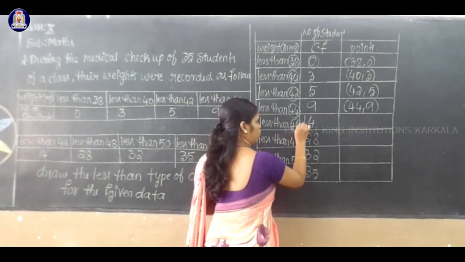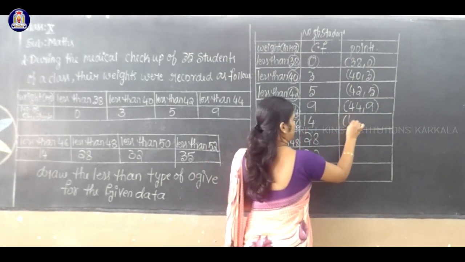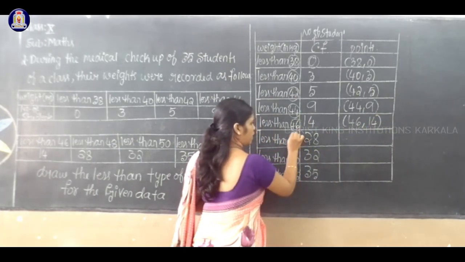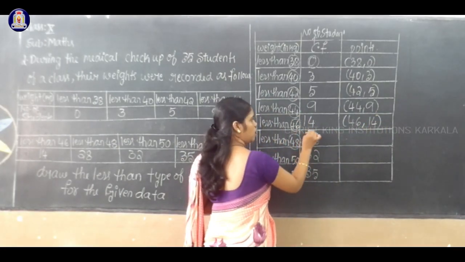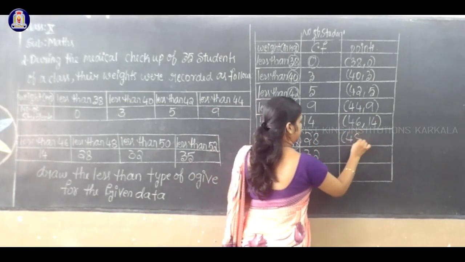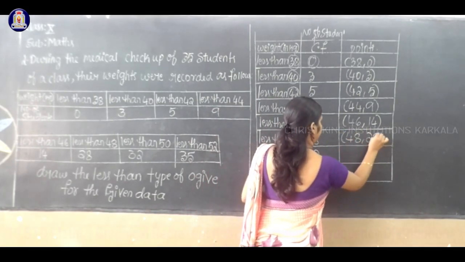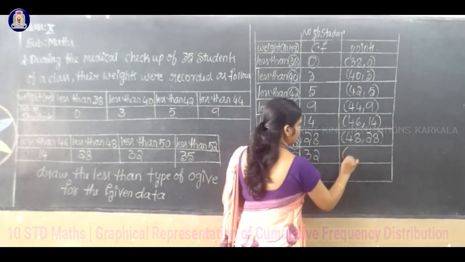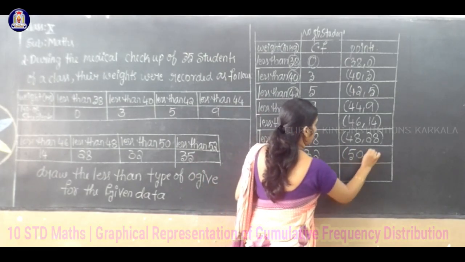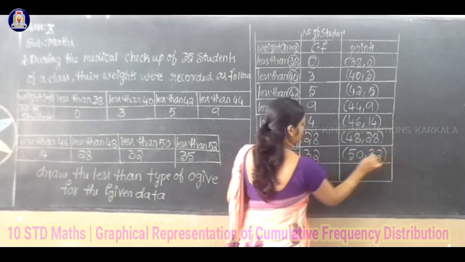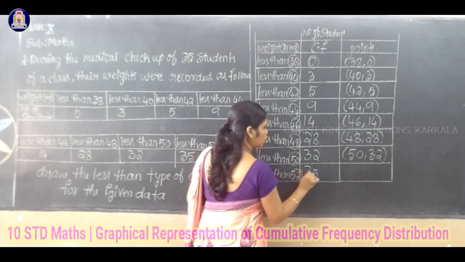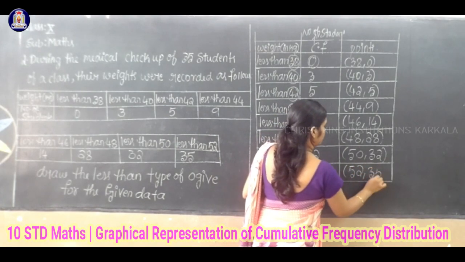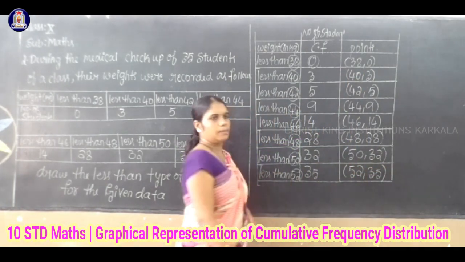Next one 46, 14. Next one 48, 28. Next one 50, 32. Next point 52, 35. So directly you can take a point.